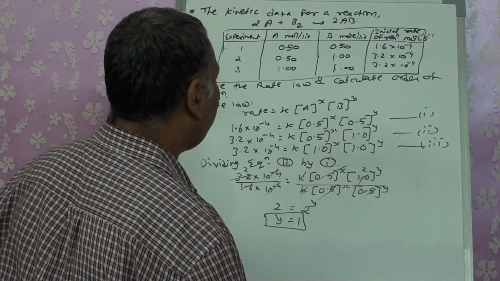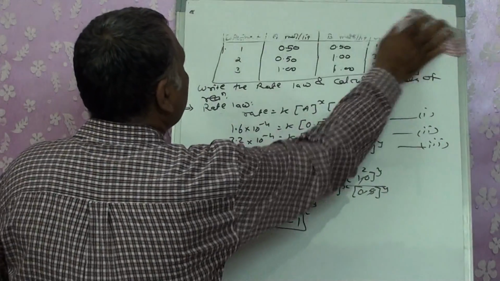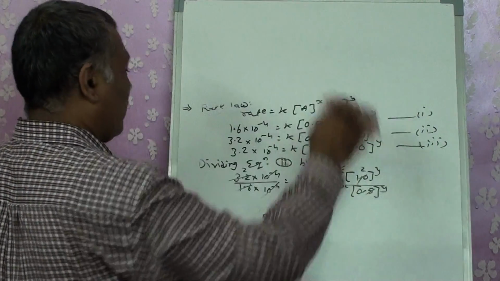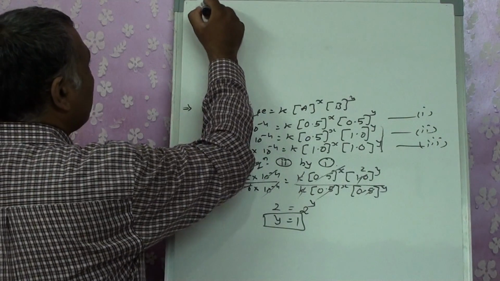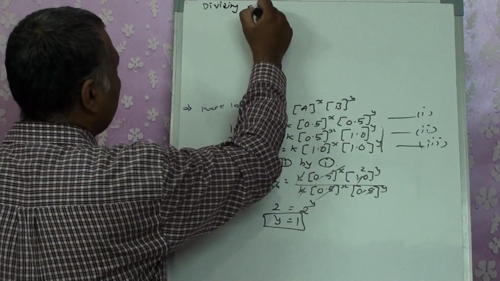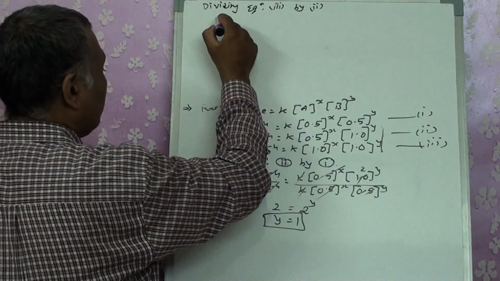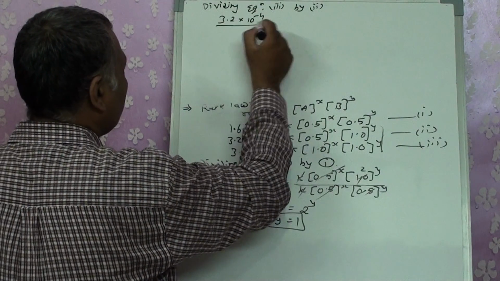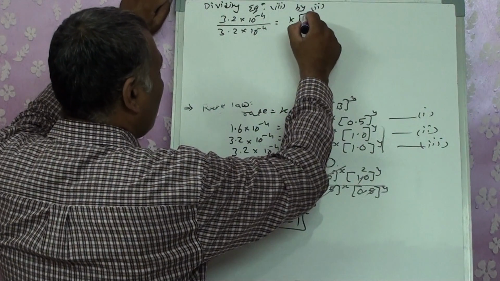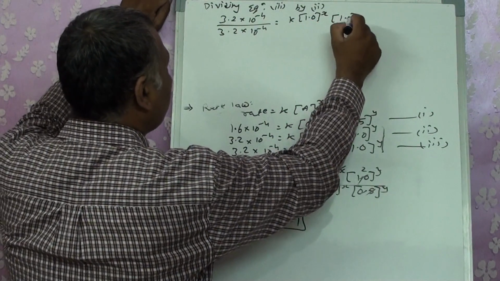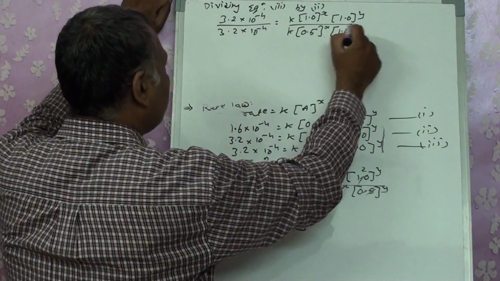Similarly, let's do it for x also. For x, here the y terms are common, so dividing equation 3 by 2, we get 3.2 × 10^-4 upon 3.2 × 10^-4 equals k 1.0 raised to x 1.0 raised to y upon k 0.5 raised to x 1.0 raised to y.